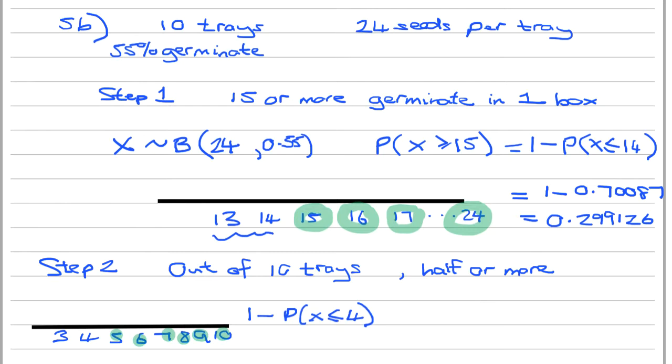Now what's our binomial distribution this time? We've got X belongs to binomial, 10 is our number, and our probability we got up here just a few seconds ago was 0.299126. And then we're going to use our ClassWiz calculator with the binomial and find the probability of X is less than or equal to 4.